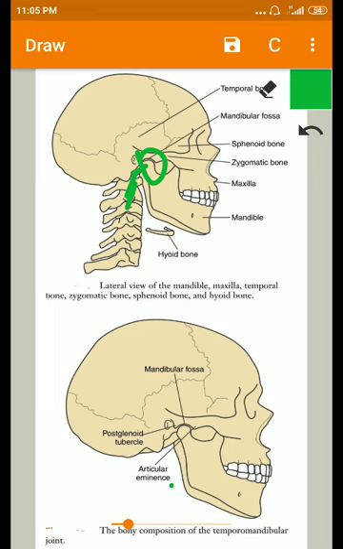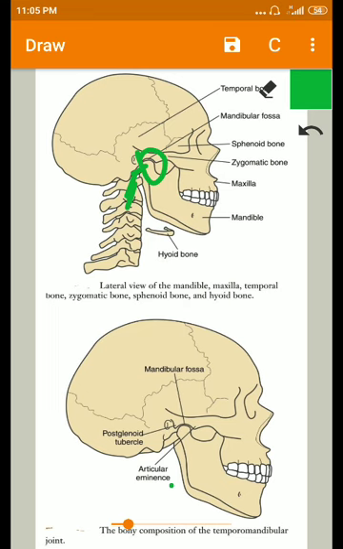This chapter also introduces some of the common problems that involve deviations of normal function of the temporomandibular joint.